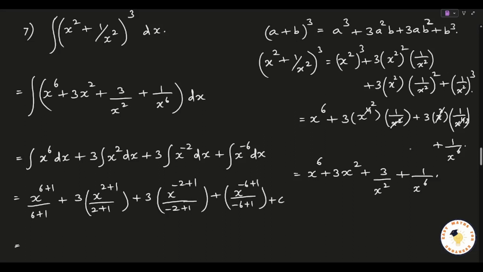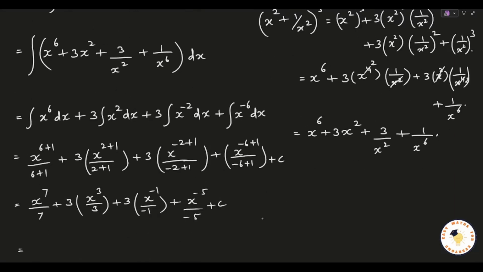Simplifying this further, we get x power 7 by 7 plus 3 into x power 3 by 3 plus 3 into x power minus 1 by minus 1 plus x power minus 5 by minus 5 plus c.